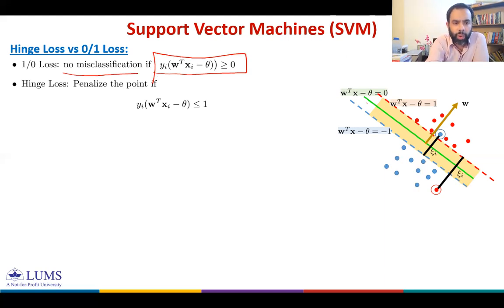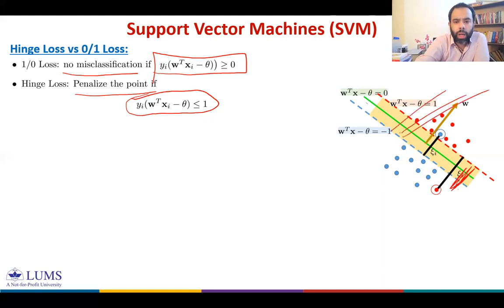We penalize the point if yi (w transpose xi minus theta) is less than 1. If a red point is to the left of this red boundary, we will penalize it. Similarly, if a blue point is to the right of this blue boundary, we will penalize it.